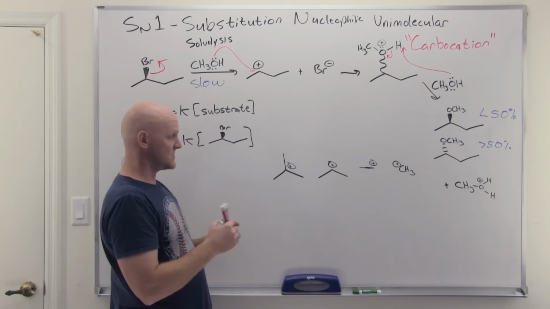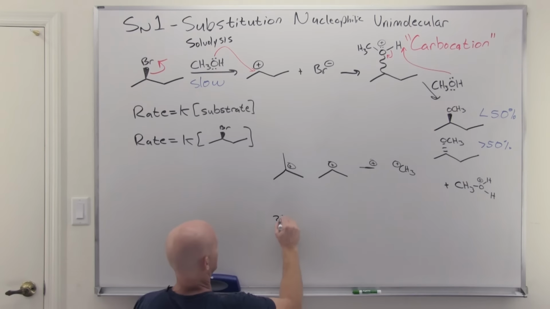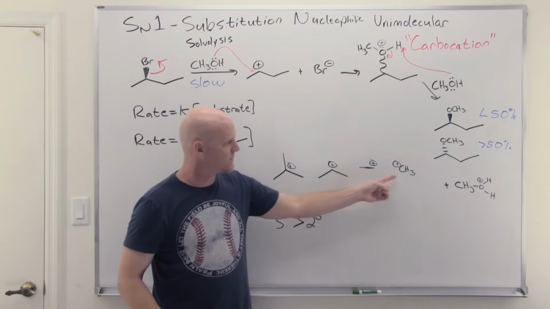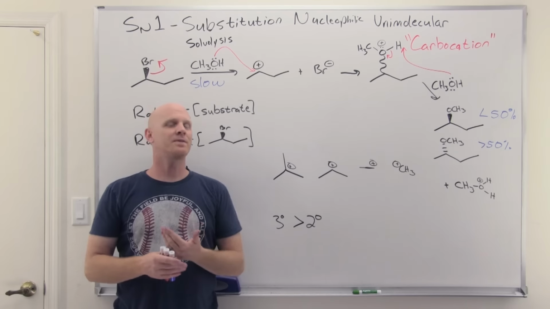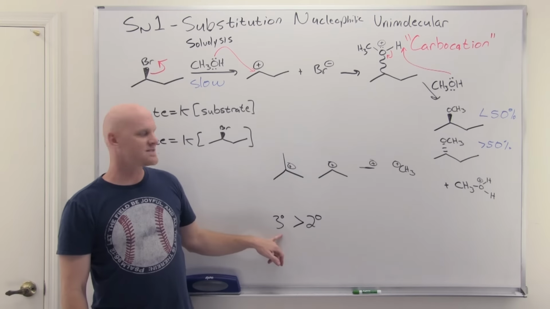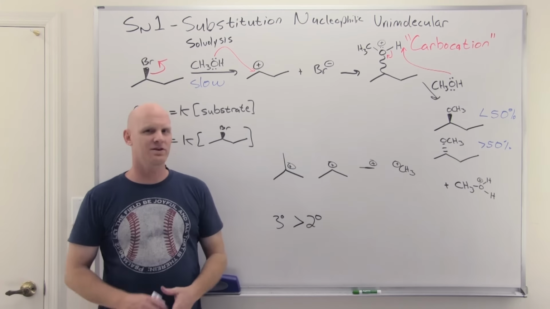And so as a result, we'll find out that tertiary halides react the fastest, then secondary halides. Finally, the carbocations that result from primary and methyl halides are usually so unstable that they're just not going to form. And so tertiary halides react the fastest, then secondary, and then primary and methyls, we say, don't react in SN1 reactions.